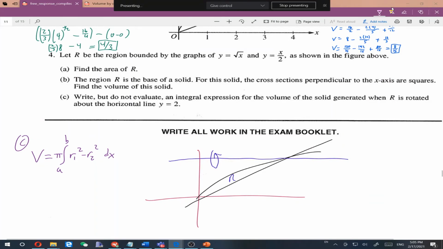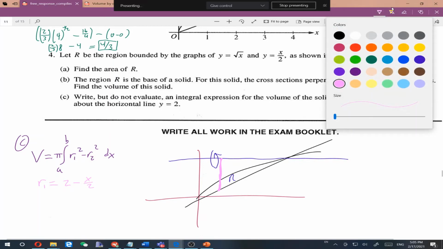In this case, R1 should be equal to this line here. So you told me the distance between our axis of rotation and the outermost function. What would this R1 be? 2 minus x over 2. Okay.